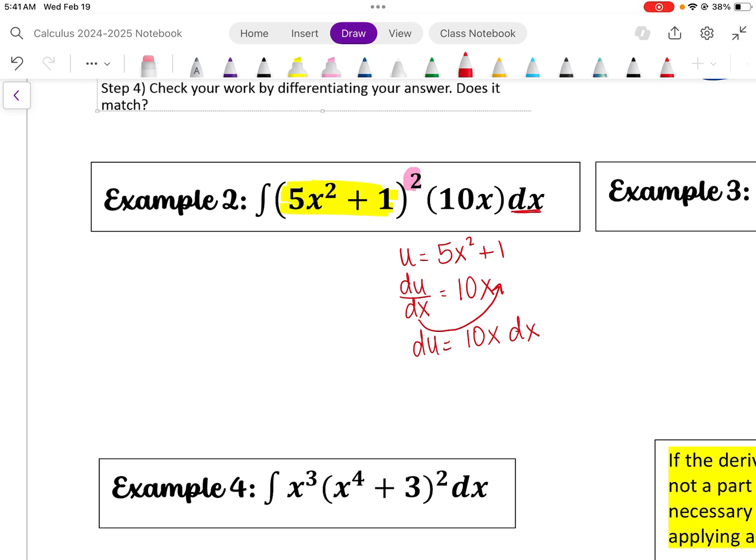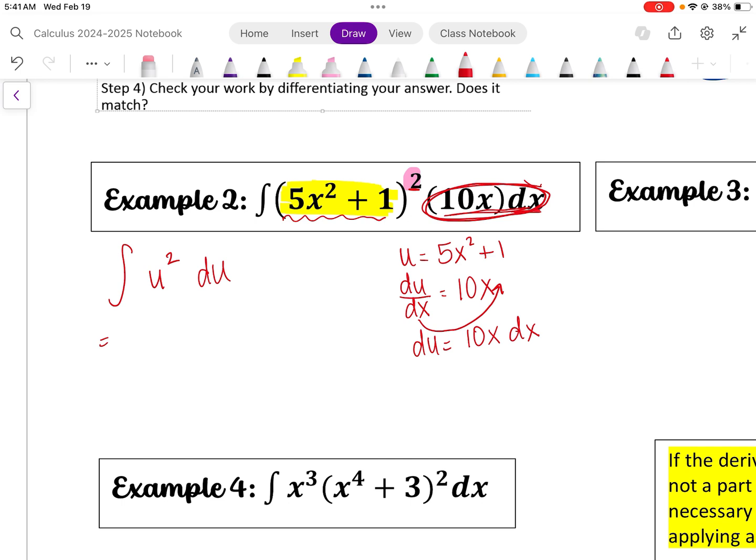Okay, now we can make our substitutions. In our integrand, we have 5x squared plus 1 squared, so that is u squared. And over here, we've got 10x dx, which we know is the derivative of our argument. And so essentially we're just rewriting the integral and allowing ourselves to ignore du, the derivative of the argument.